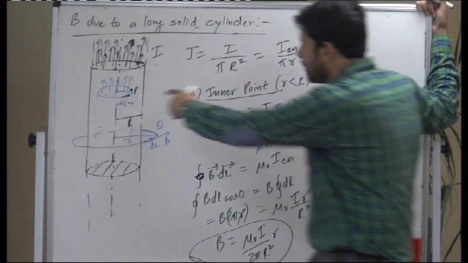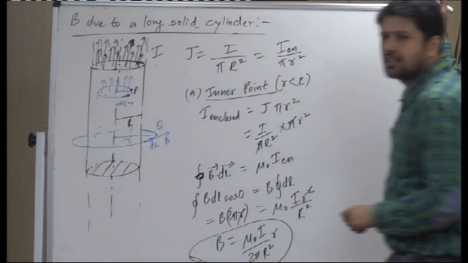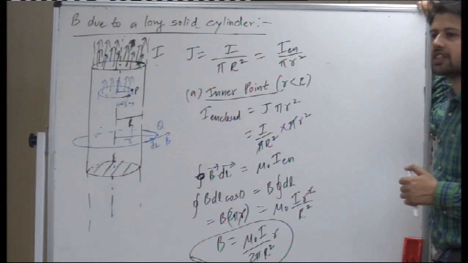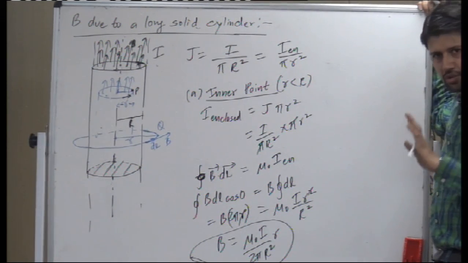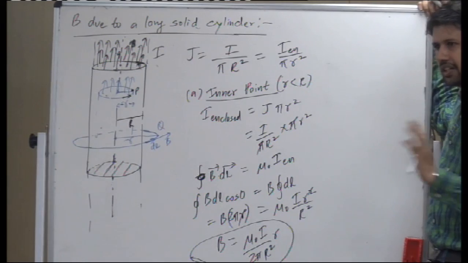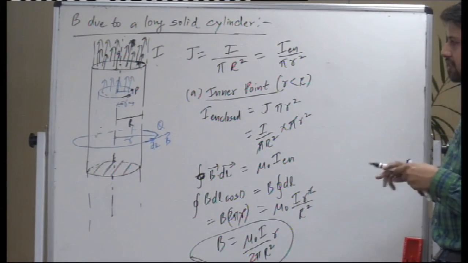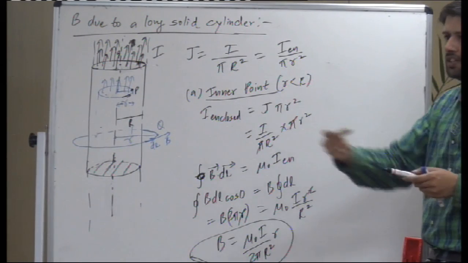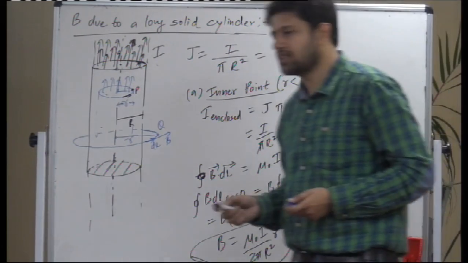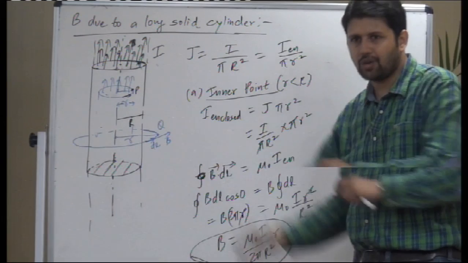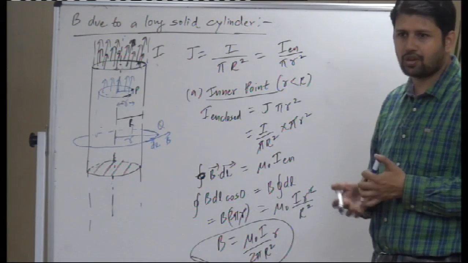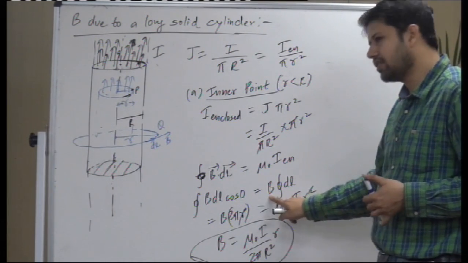Since all points are equidistant from the axis, symmetry exists, so we would say that the magnetic field would be the same at all points, magnitude only, direction is different. Already we discussed this. Because it is circulation, the direction would be tangential at all points. So the magnitude would be the same. We can take B out, constant quantities can be brought out of the integral.